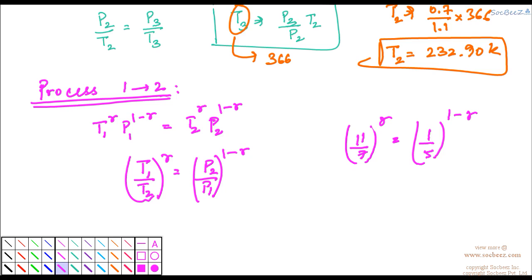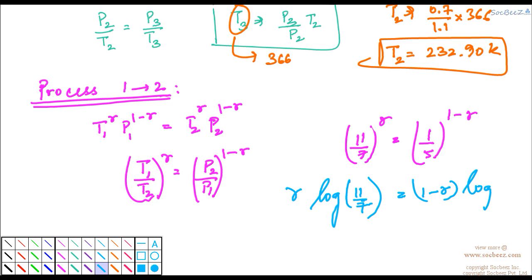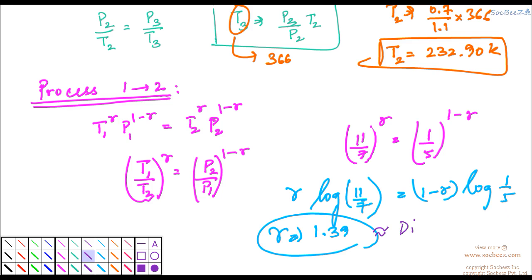If we take log on both sides, what we get is log of 11 minus log of 7, into gamma, equals 1 minus gamma into log of 1 by 5, which gives us the value for gamma as 1.39, which is roughly 1.4, the value for our diatomic gas, that is 7 by 5.